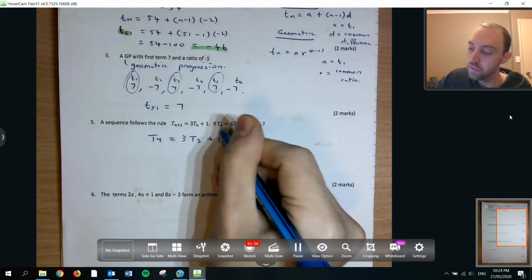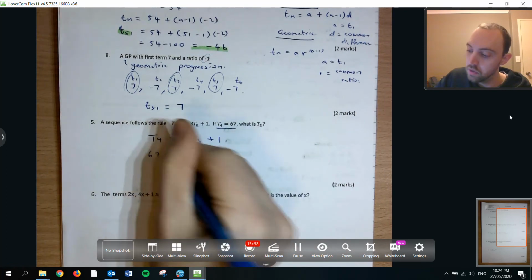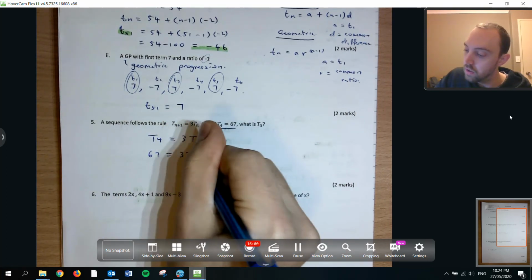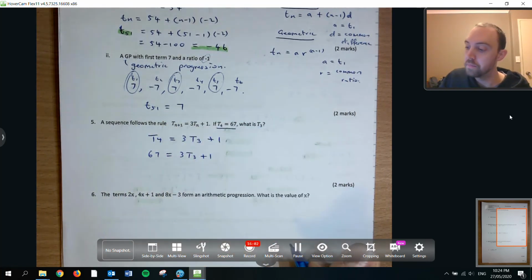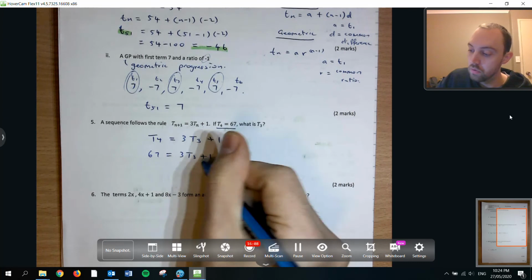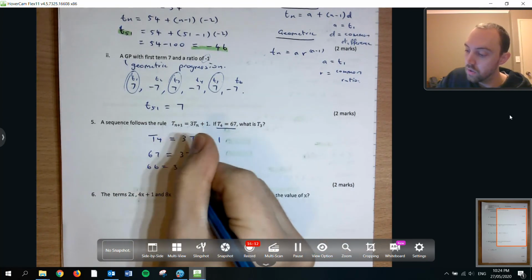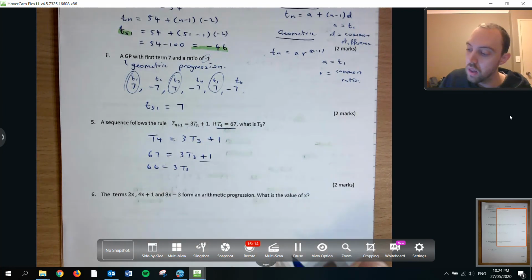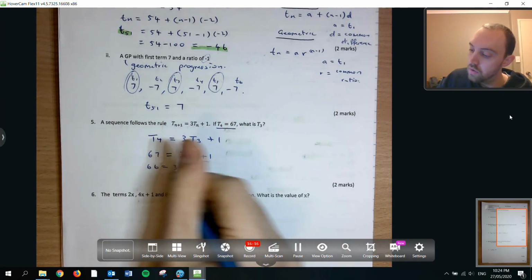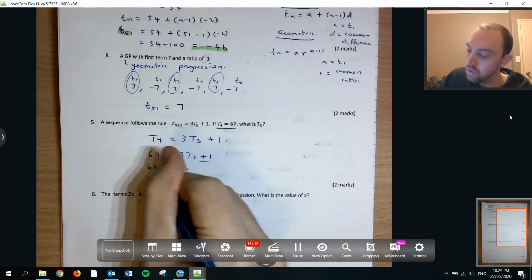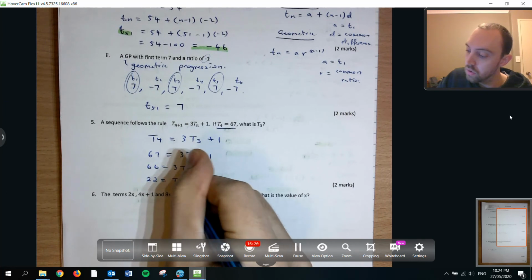We know what T4 is equal to, so we can substitute 3 lots of T3 plus 1, and then it's just a matter of rearranging to go backwards. So take 1 first. 66 is equal to 3 lots of T3, and so dividing both sides by 3, we get 22 is equal to T3.